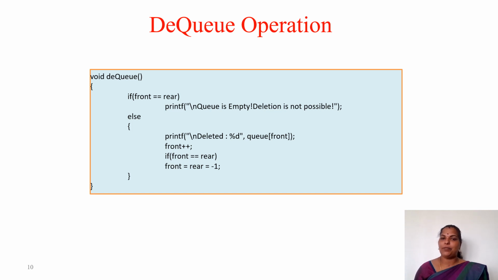Otherwise, we delete the front element, that is, deleted queue of front. Front is pointing to one position, we delete that element, and then we increment the front position. Then we also check if front equal to rear, because if the queue is empty after deleting, we have to make the front and rear pointers -1, which means it is an empty queue.